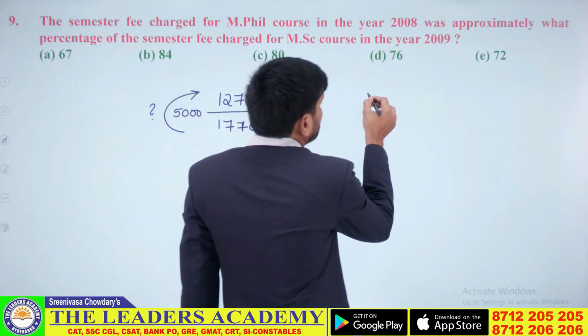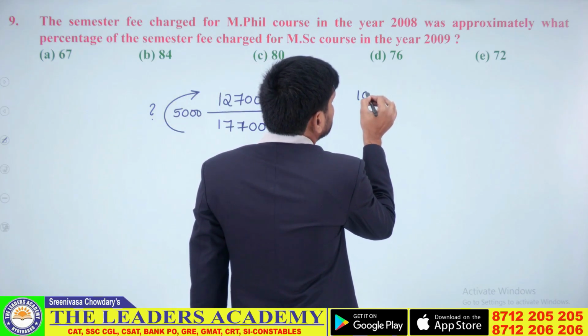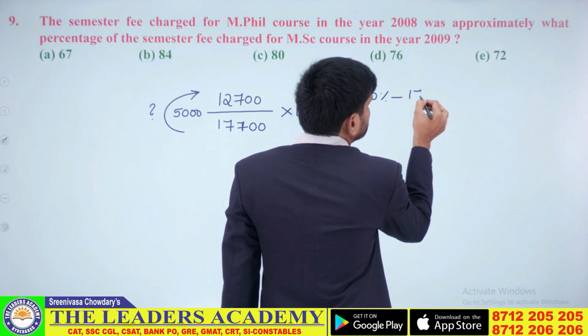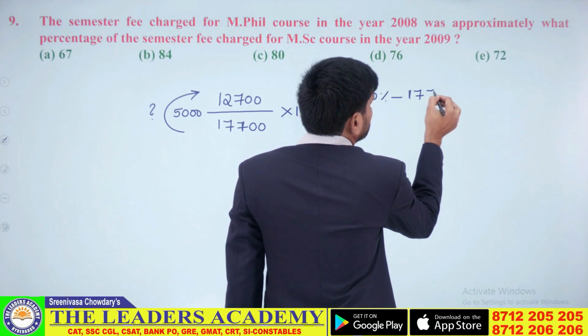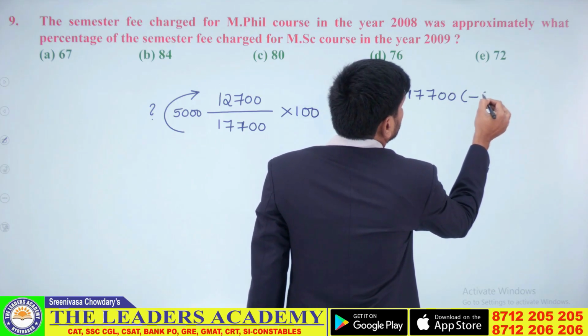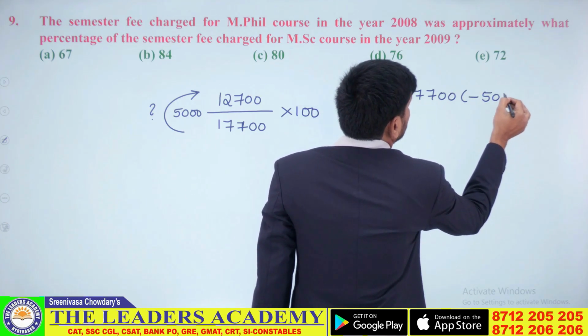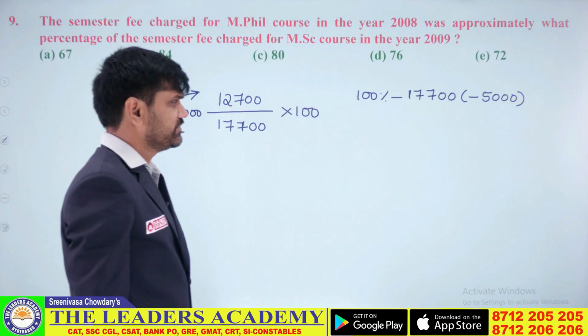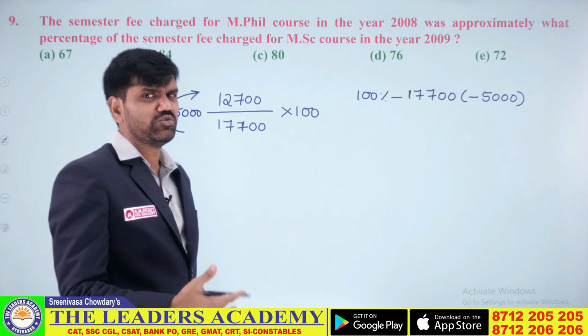So we know that 100% is 17,700. I have to remove 5,000. How much percent I can remove?